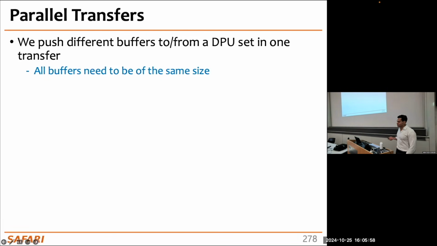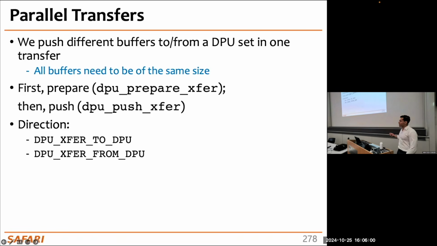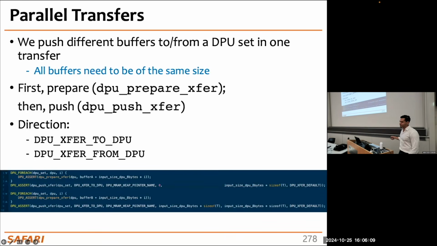For the parallel data transfers, we have a similar process, but we have different APIs. We have the DPU push xfer to DPU or from, but you need to prepare the data beforehand because this is going to be a DMA transfer basically. The idea is similar: for each DPU in the DPU set, you do a DPU transfer. You prepare the data first, pointing to the location that you want to copy from in the host main memory, and then you push by doing DPU push xfer with the direction.